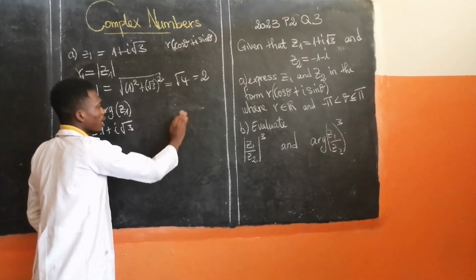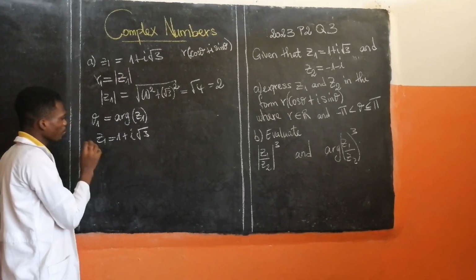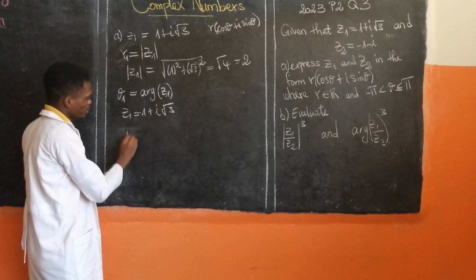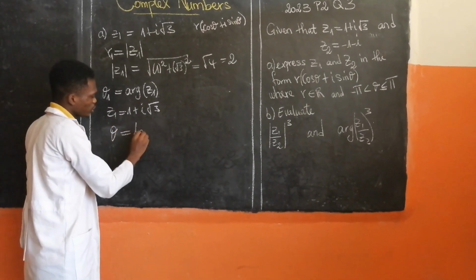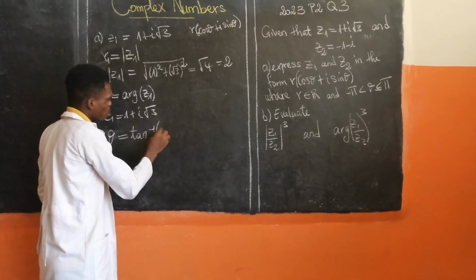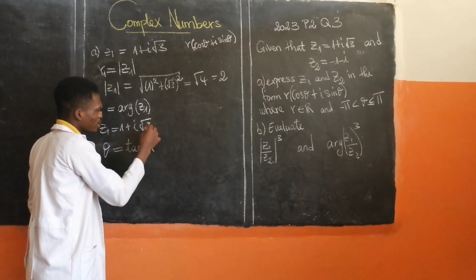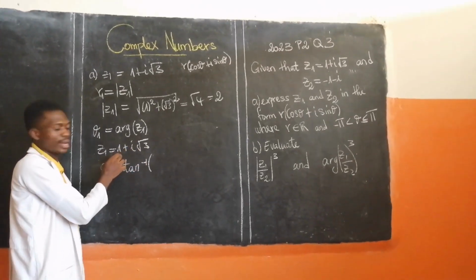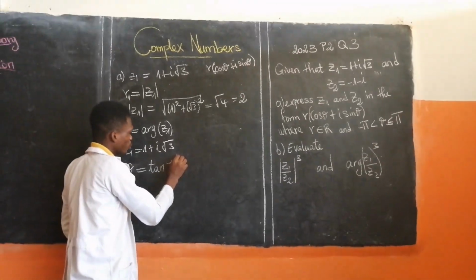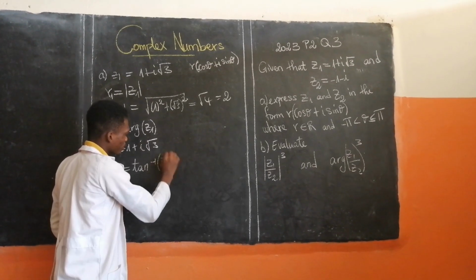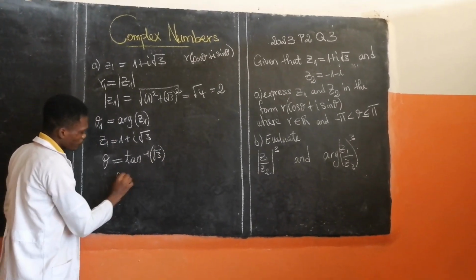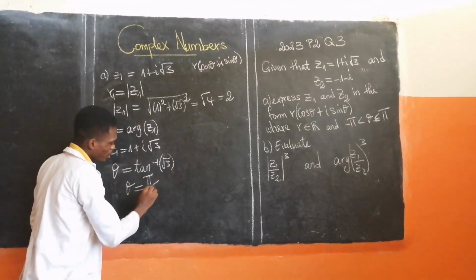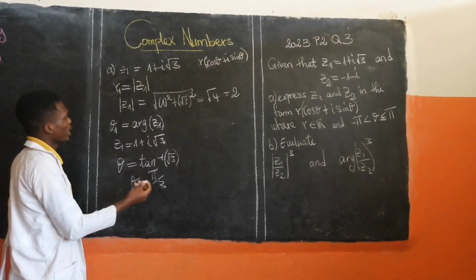In the first quadrant, theta is just equal to the tan inverse of y on x, where y is the imaginary part and x the real part. So root 3 over 1 is root 3, which means theta is equal to the tan inverse of root 3, which is pi on 3. So we are done for that.